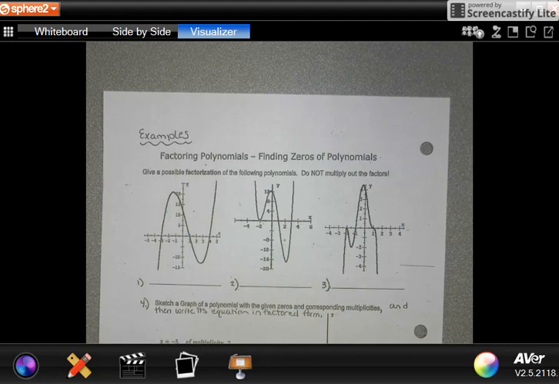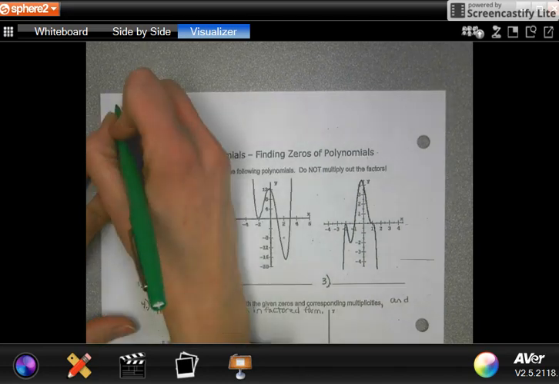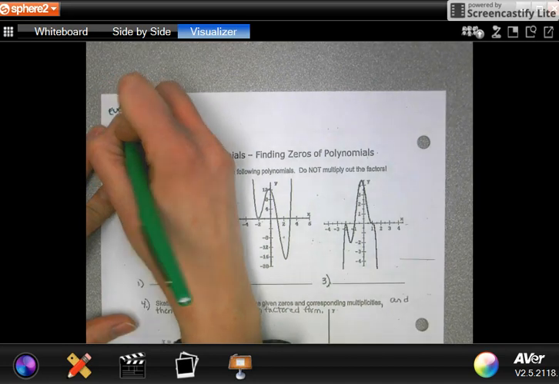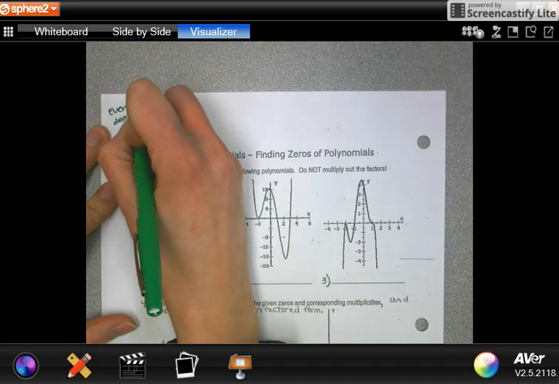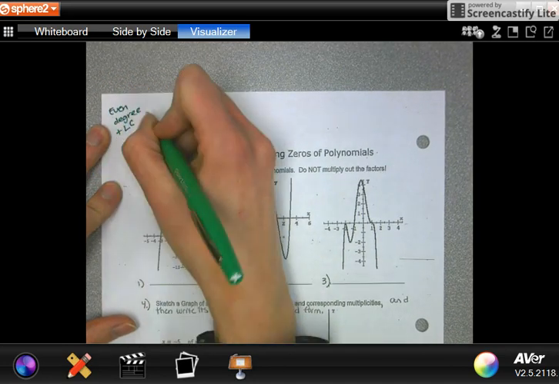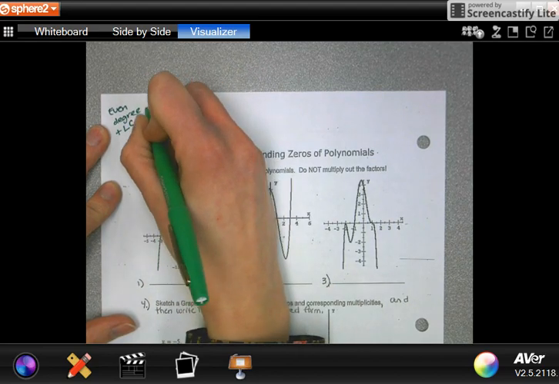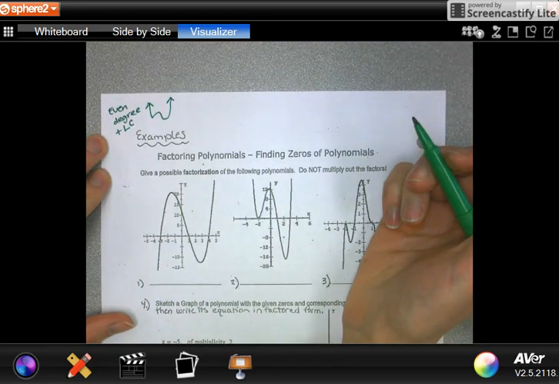graphing, we had rules for even, odd, negative, positive type functions. So you just want to remember that even degree, positive leading coefficients will look something like that, right? It's almost like a W that opens up.